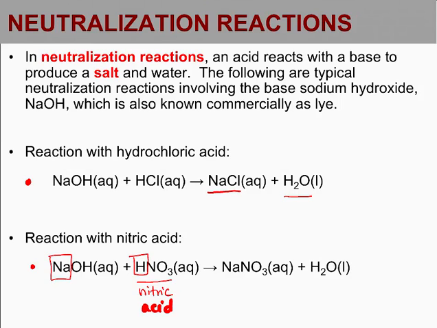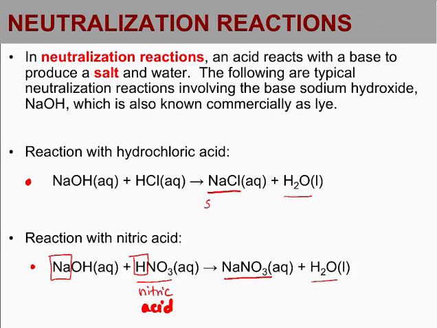We have nitrate attached instead of chloride. So we're going to end up with the salt sodium nitrate, and then we'll also again end up with water. So again, in neutralization reactions, you're always going to produce water and then some form of what's called a salt.